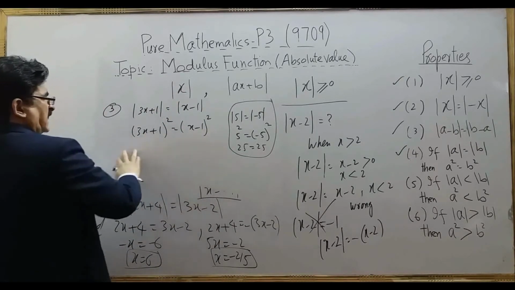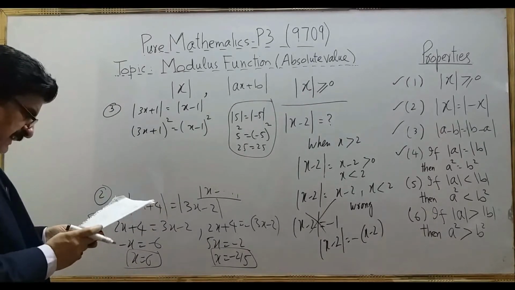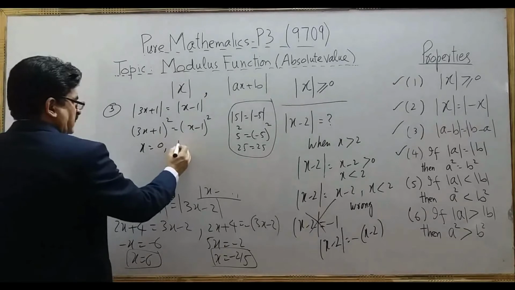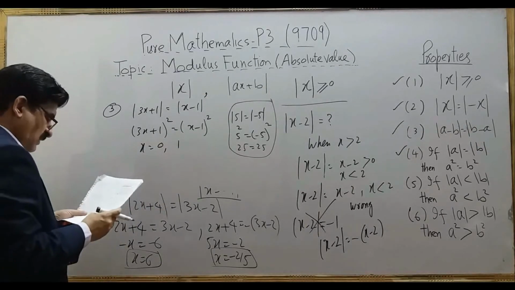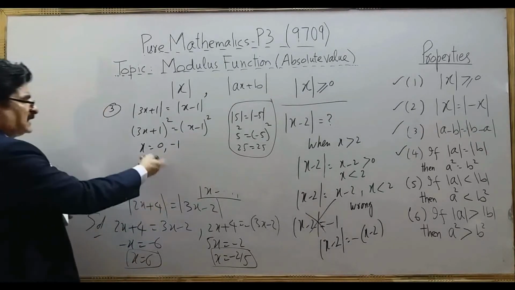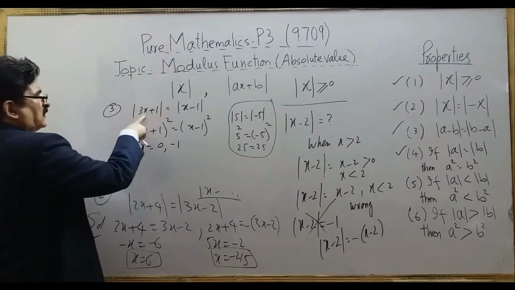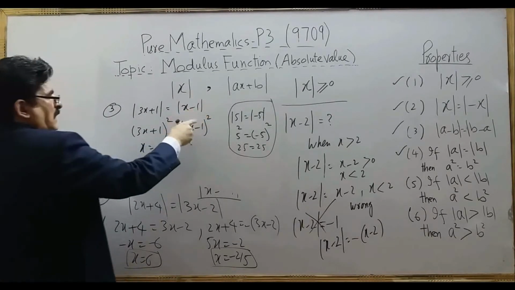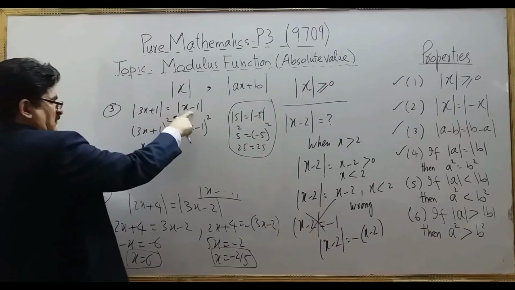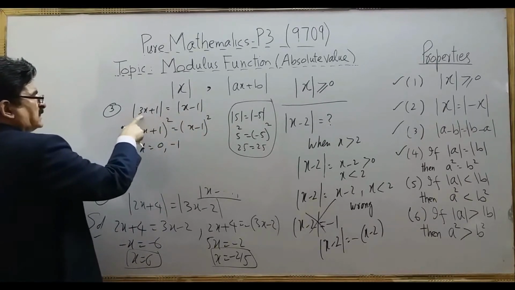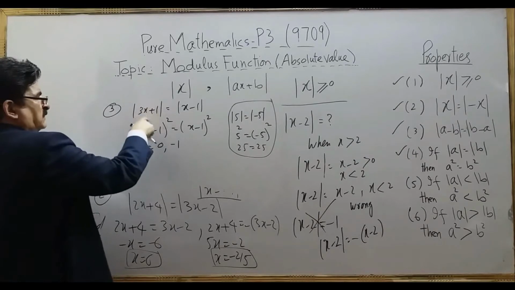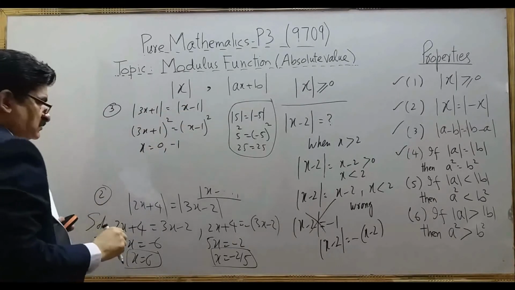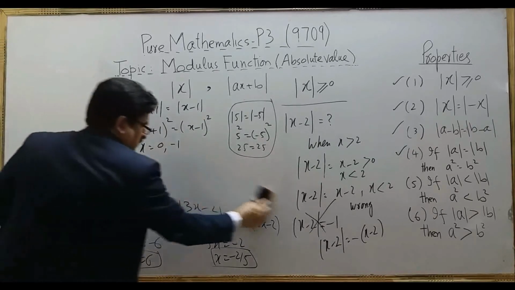Now you expand it and solve it, you will get x equal to 0 and −1. You can also check that if you put 0 over here and 0 over here, you will get the same value, 1 equal to 1. If you put −1, this is |−2|, which will be 2. You put −1 over here, this is also equal to 2.